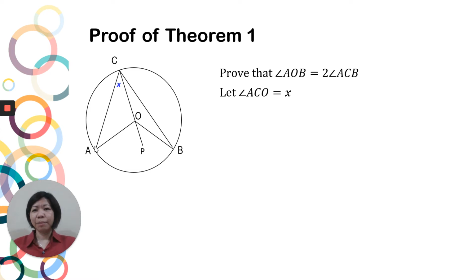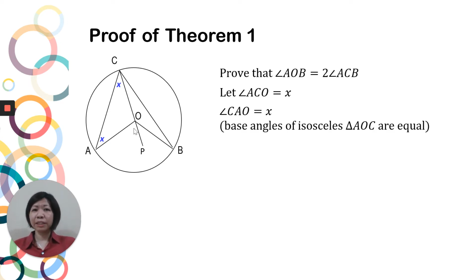Why? Because this line AO is the radius of the circle, and so is CO. So triangle AOC is actually an isosceles triangle because two of its sides are of equal length. So angle CAO will be equal to angle ACO because the two base angles of an isosceles triangle are always equal.